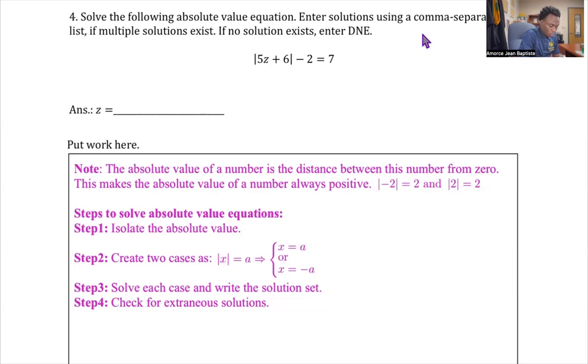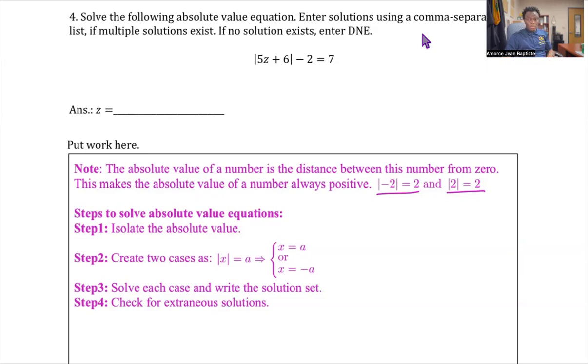Absolute value of 2 is the same number, 2, because 2 is positive. Absolute value of negative 2 is 2 because absolute value cannot be negative, 2 being the opposite of negative 2.